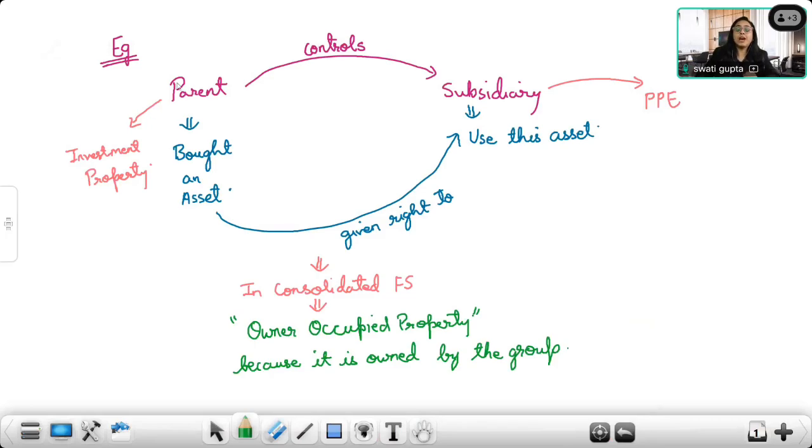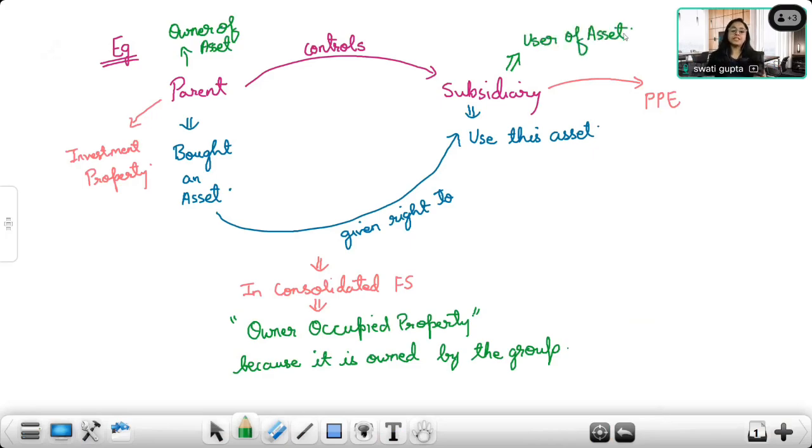So instead of parent and subsidiary, understand it as the provider or owner of the asset and the user of the asset. Here, the parent is the owner of the asset, whereas the subsidiary is the user of the asset. Got it? It can even be vice versa.